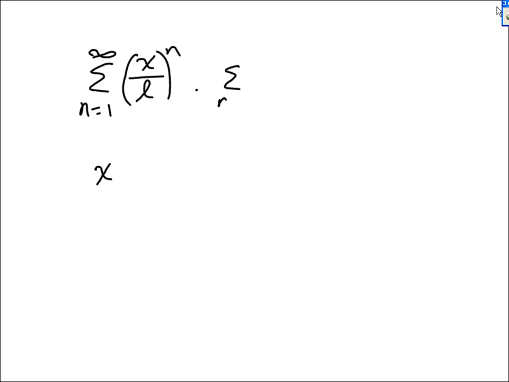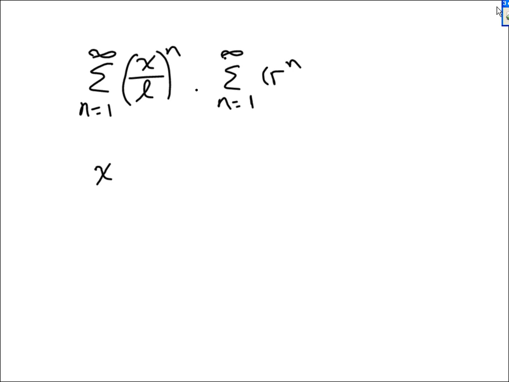Suppose you have the summation of x over L to the n, and n goes from 1 to infinity. I mean, you can jump on this immediately. You can say this is like a geometric series, n goes from 1 to infinity of r to the n.